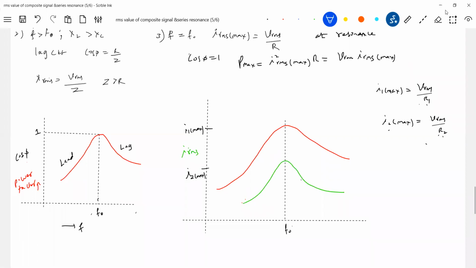So when I plot this graph, you'll get impedance less. If the resistance is less, current will be maximum. Then one more curve, blue color I'll take.